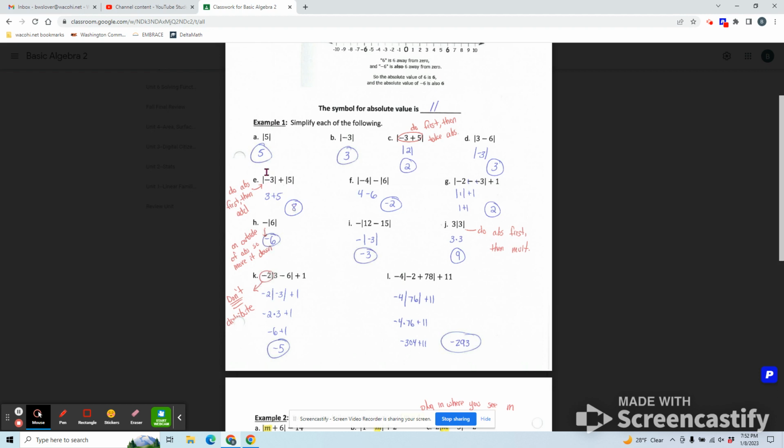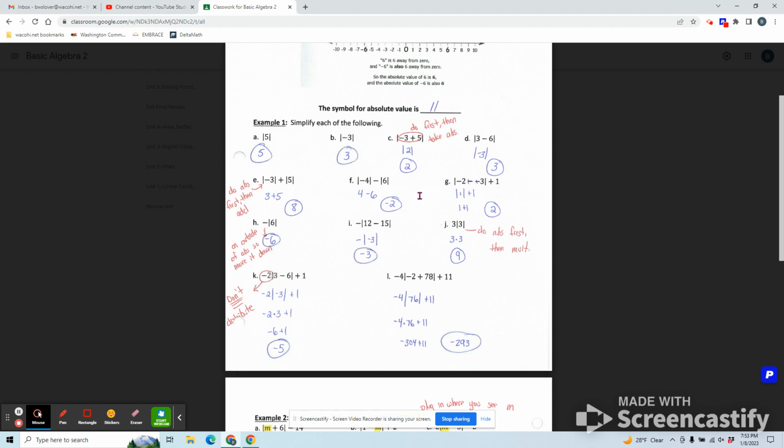I have to do the absolute values first, and then I do everything that's on the outside of the absolute value. So -4, the absolute value is 4. Absolute value of 6 is 6. And I have a minus in between. 4 minus 6 is -2. So right here, this is the first time that we see a value that is negative. So yes, you can have a negative value after you simplify.